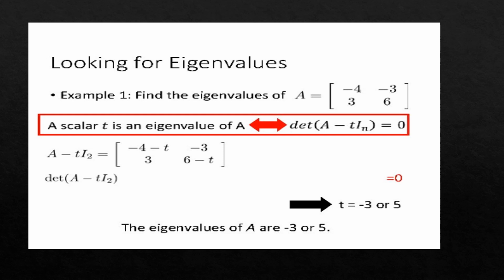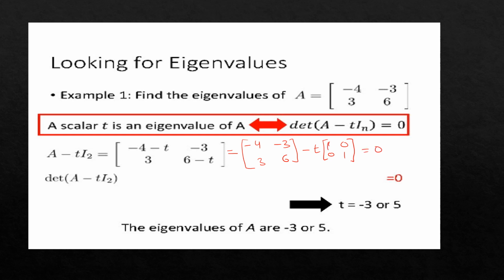For this I need a data matrix, that is minus 4, minus 3, 3 and 6, and I take one identity matrix. So this is minus 4, minus 3, 3 and 6. I don't know the value of the eigenvalue, so this remains lambda, and I need to take an identity matrix of the same size as my data matrix.